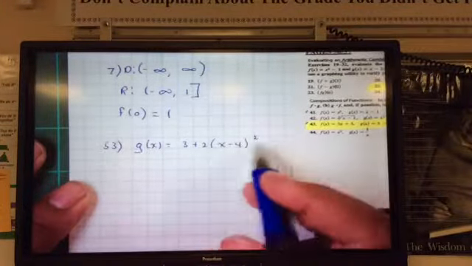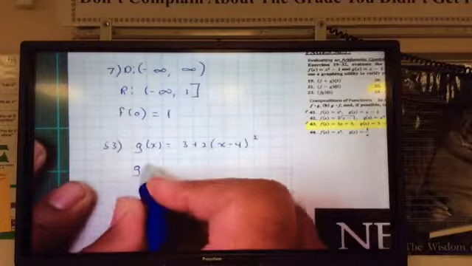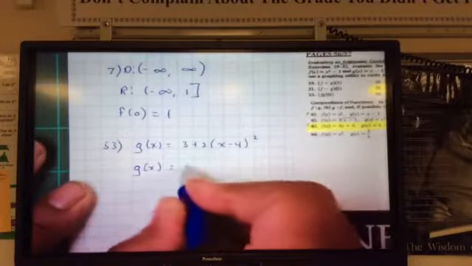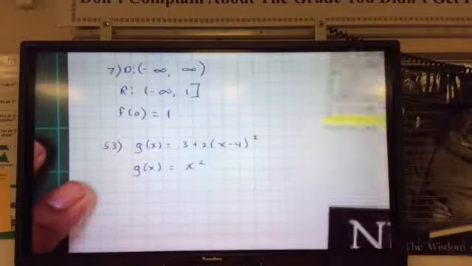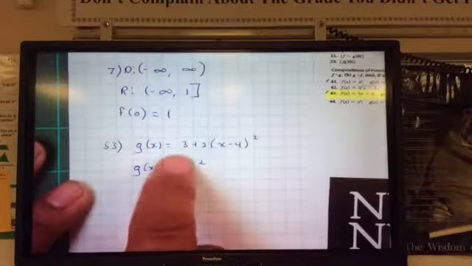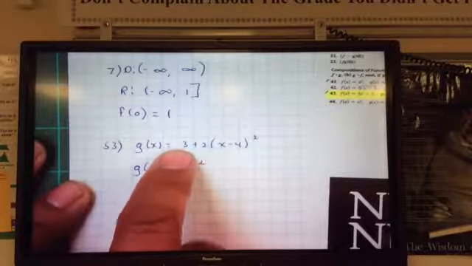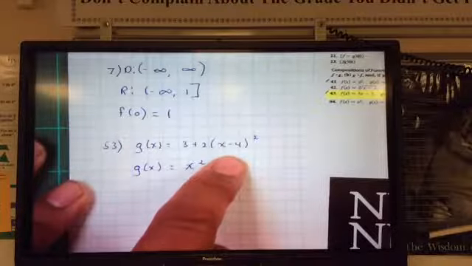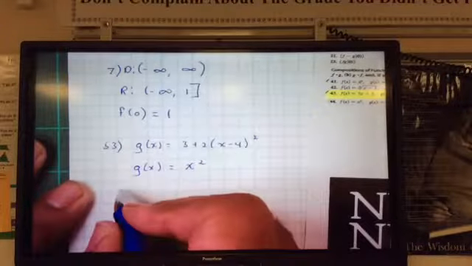Well, this is a square here, so the parent function would be g of x equals x squared. Now let's talk about the transformations. That 3 is positive, so we're adding 3 outside of the argument, so that means it's going to move up 3 units.